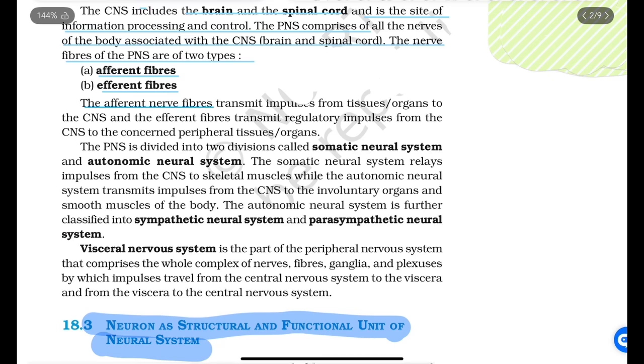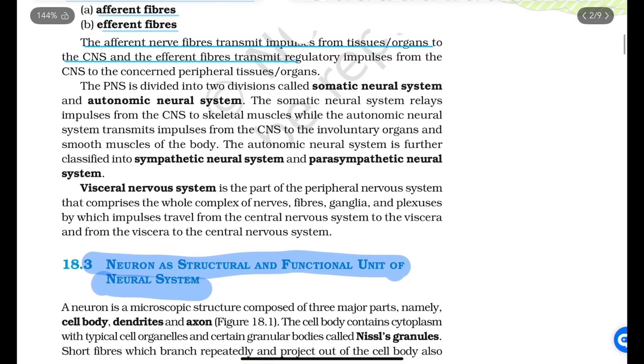The afferent nerve fibers transmit impulses from tissues or organs to the CNS, and the efferent fibers transmit regulatory impulses from the CNS to the concerned peripheral tissues or organs. The PNS is divided into two divisions called somatic neural system and autonomic neural system.